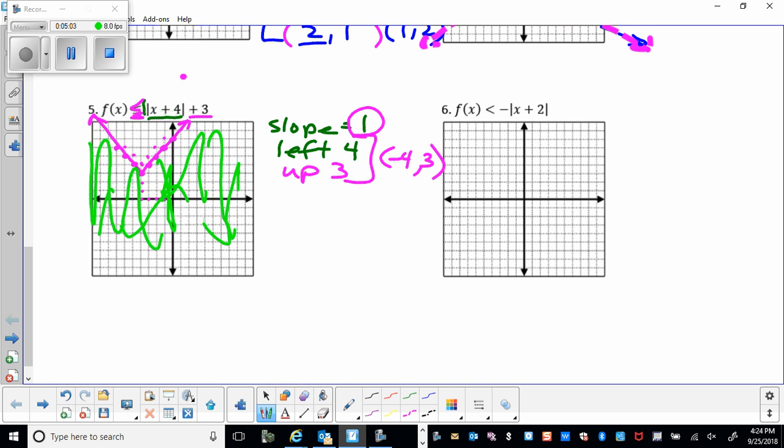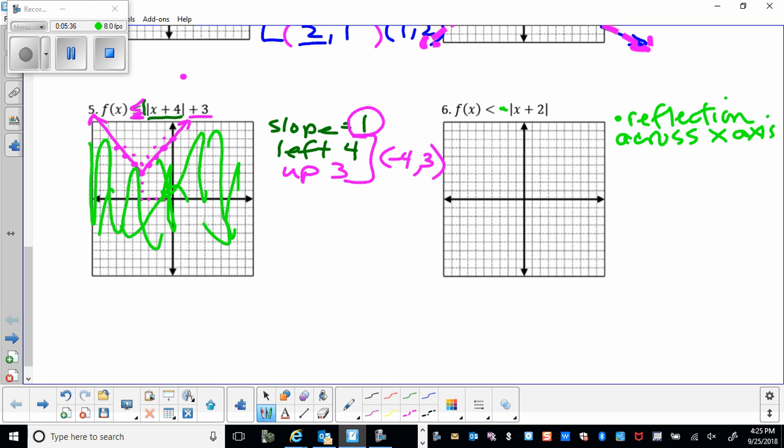And then number 6, same thing, you just graph it and then shade. So look at your transformations. I do have a negative here, so it's going to be reflected across the x-axis.